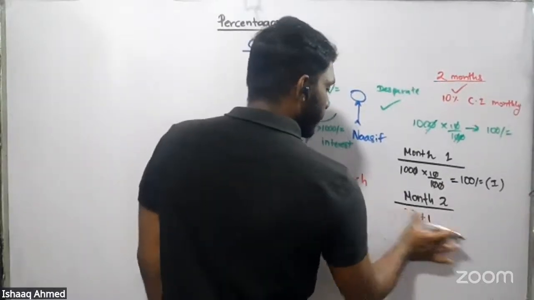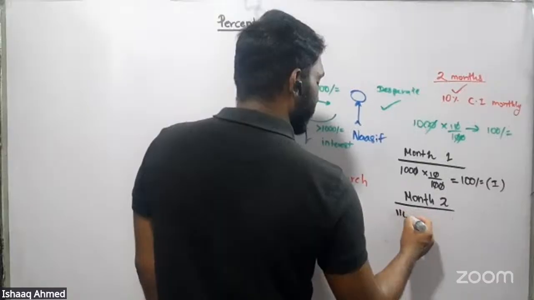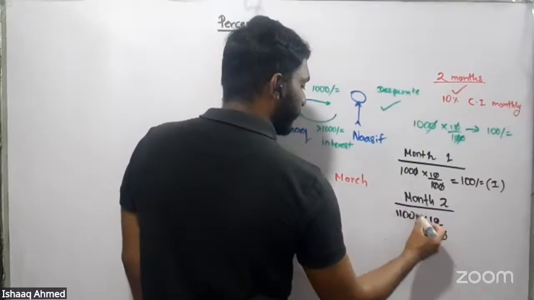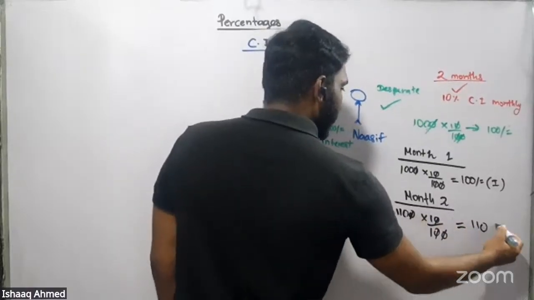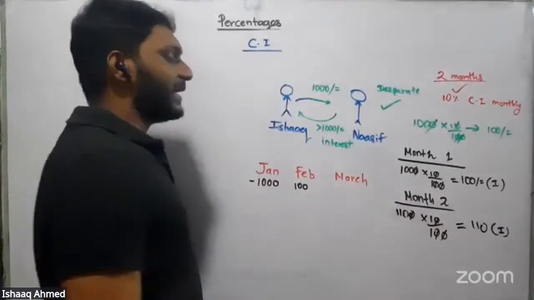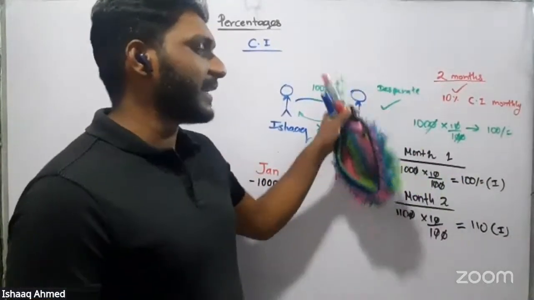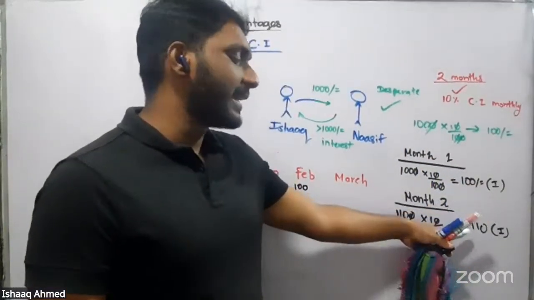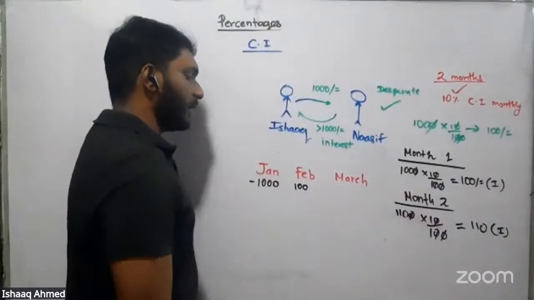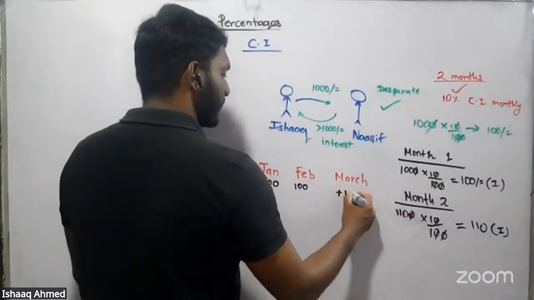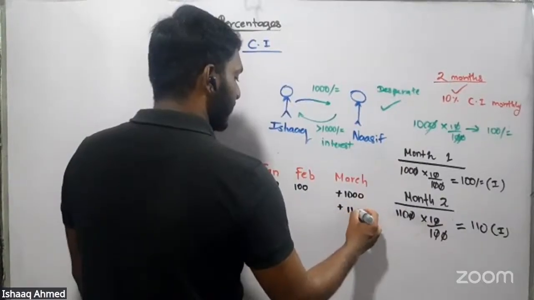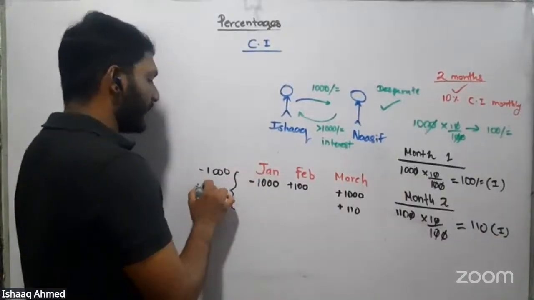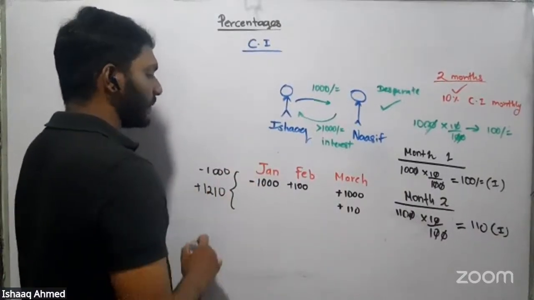That will be added, and for this new amount only, interest will be calculated. So for 1,100 we calculate 10%. That is 110. See, the second month's interest has increased. In simple interest, every month is the same interest. In compound interest, the second month's interest has increased to 110. So this time he has to pay me back 1,000 plus 110 also. Totally he took 1,000 from me and paid me 1,210.